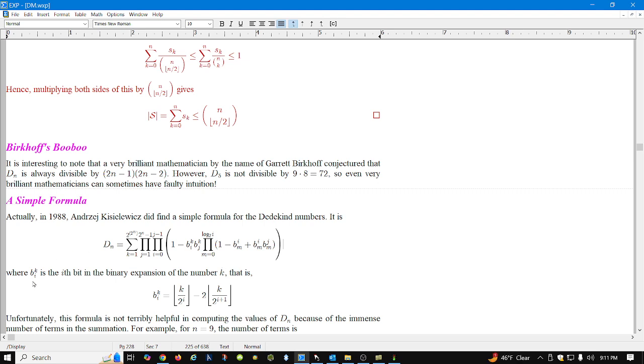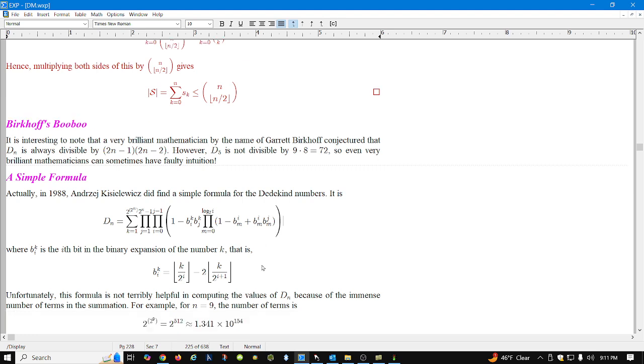b sub i to the k is not the kth power of b sub i. It's the ith bit, so it's either a 0 or a 1 in the binary expansion of the number k. So it's this value. I don't know what to say about this formula other than the obvious fact that it's kind of fascinating and the obvious fact that it's useless.